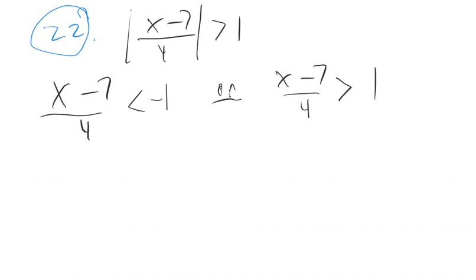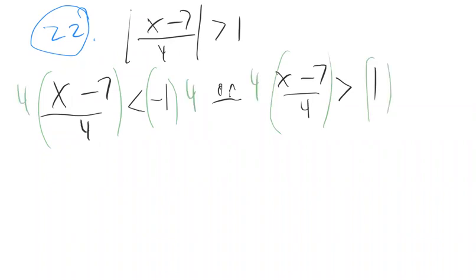So I'm going to solve this by multiplying everything by 4. So just like we did before, the least common denominator is 4. So multiply everything by the least common denominator. And when you do that, this goes out. This goes out. So you're left with x minus 7 by itself is less than -1 times 4 is -4.